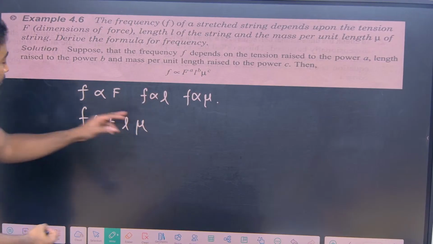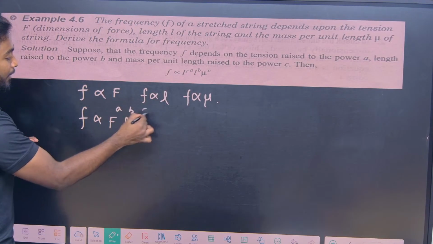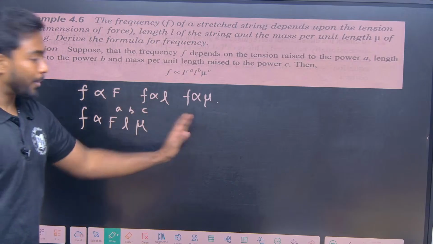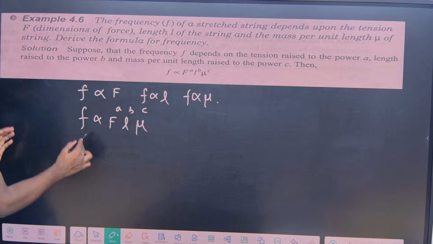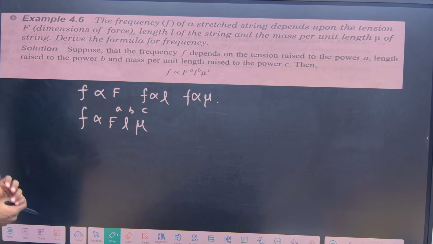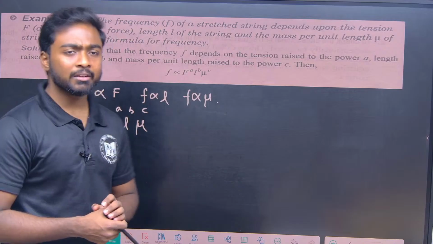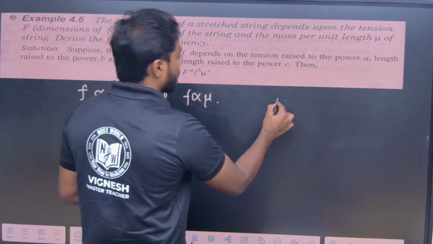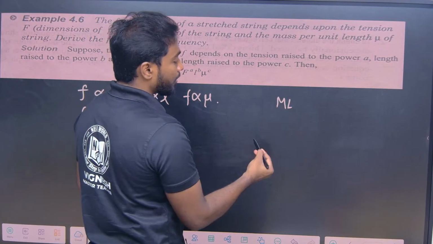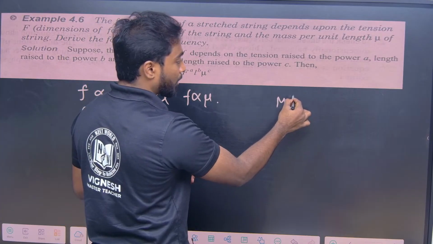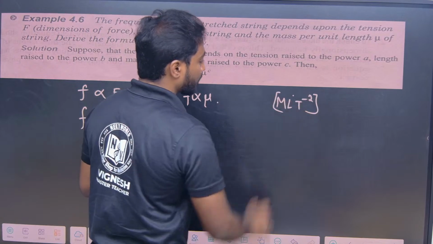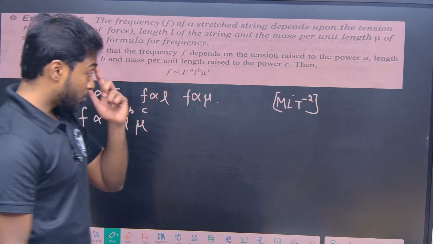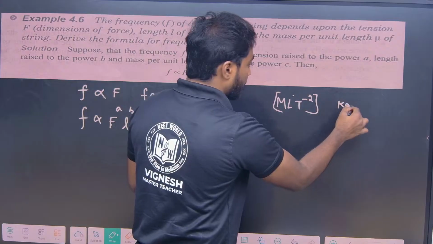Let me take the powers as a, b, c for example. If any other quantities are added, I can take d, e, and so on. Now what is the dimensional formula for F? M L power 1, T power minus 2, that is kg meter per second square, right?